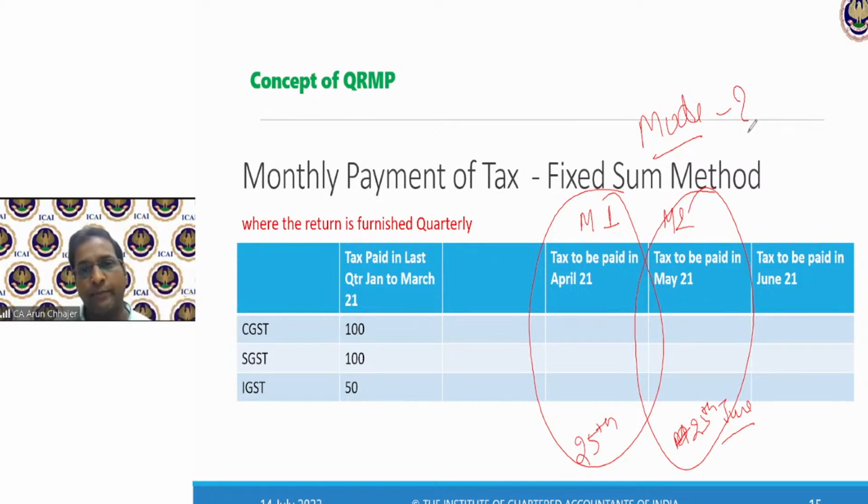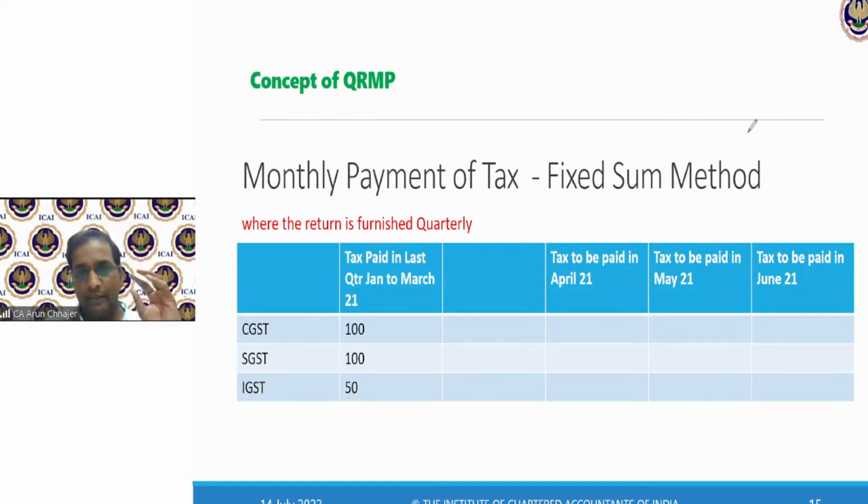What is the mode by which you will deposit this cash? आंसर इज, आप डिपॉजिट कैसे करोगे कैश में? चालान के माध्यम से. व्हाट इज द फॉर्म नंबर? PMT 6. Now you will deposit through PMT 06.